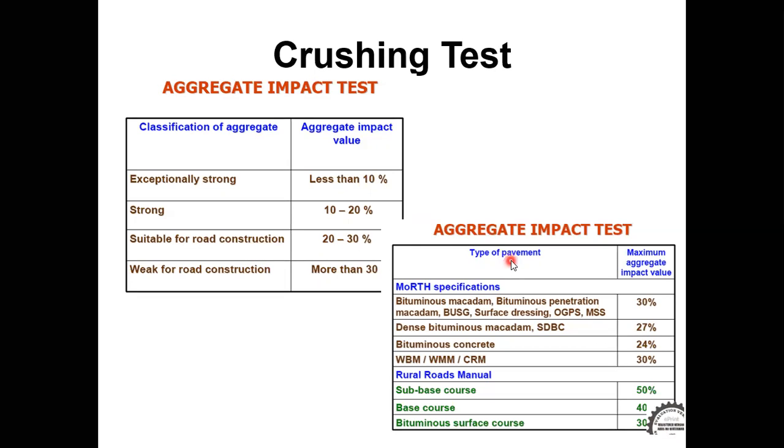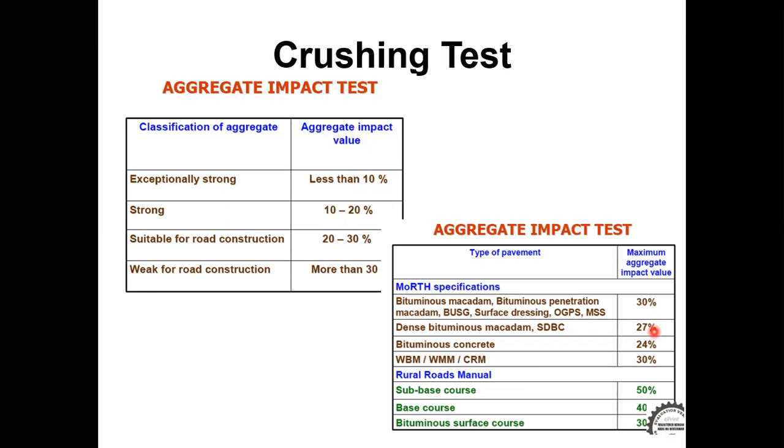So you can see there is a table, the IRC recommended table. If you are getting 30% aggregate impact value, those aggregates can be used in bituminous macadam, bituminous penetration macadam, surface dressing, BUSG, OGPC and MSS. These are different layers, which we will discuss at the time of construction. In all these layers you can use them.